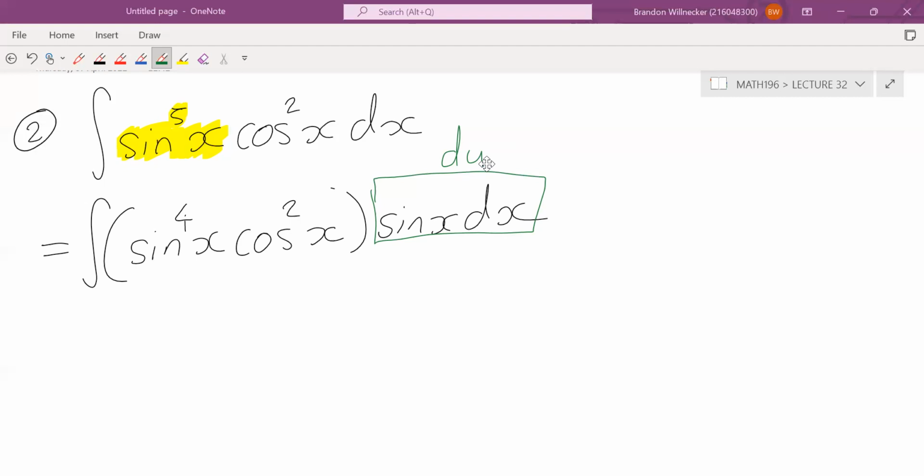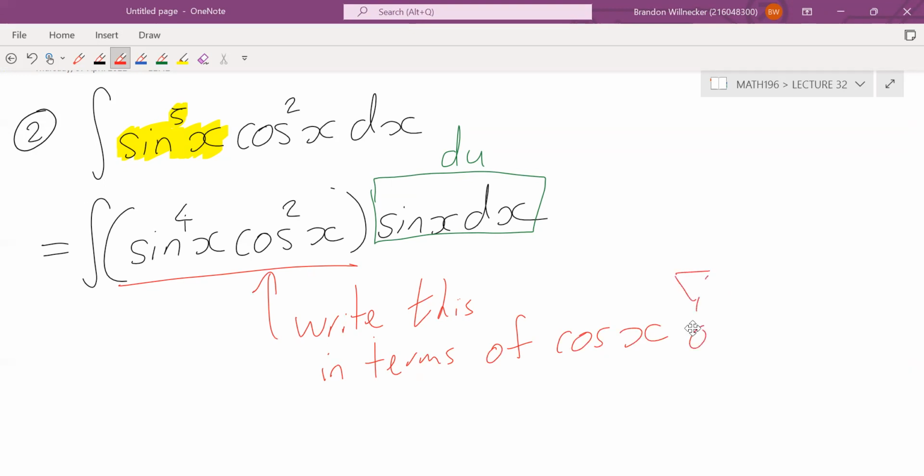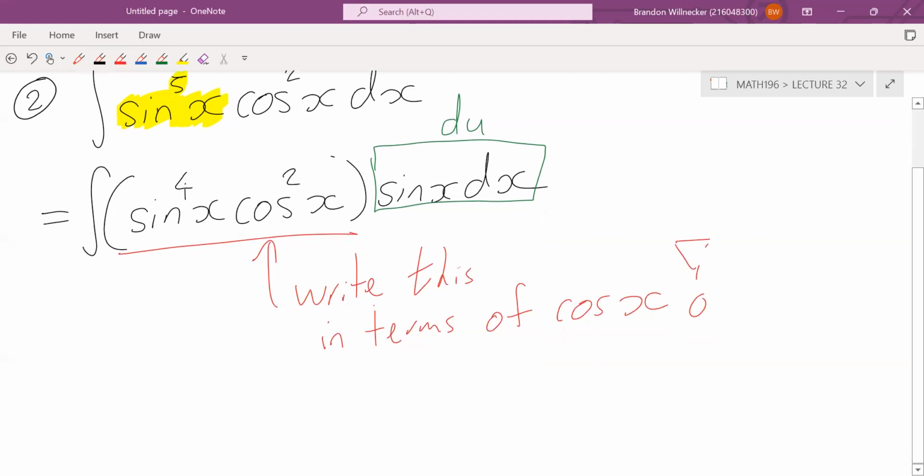So would it be cos? Yes, we would need something with cos. So what we need to do is take this part over here and write it in terms of cos. So if we write all of that in terms of cos, then the derivative will give me this du part on the side. Okay, so cos squared, that's already in terms of cos, but we need to handle the sine to the 4. How do we deal with that?